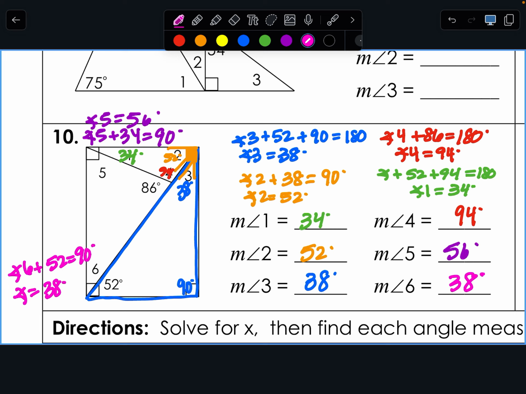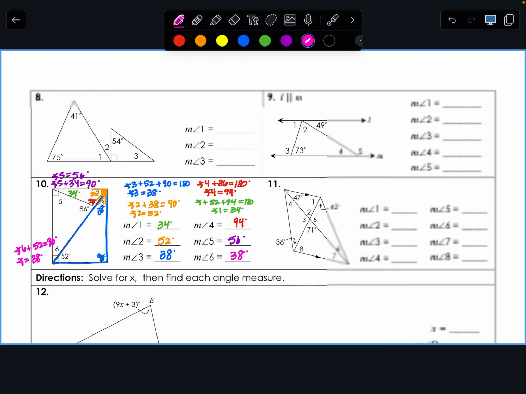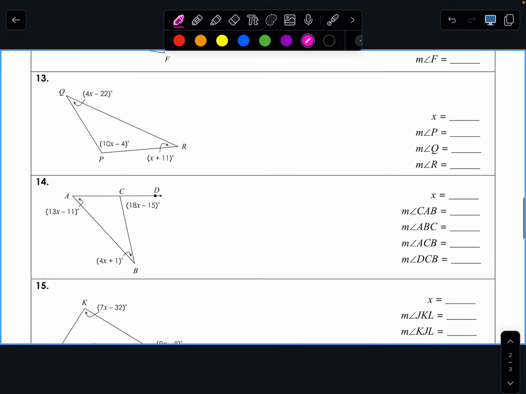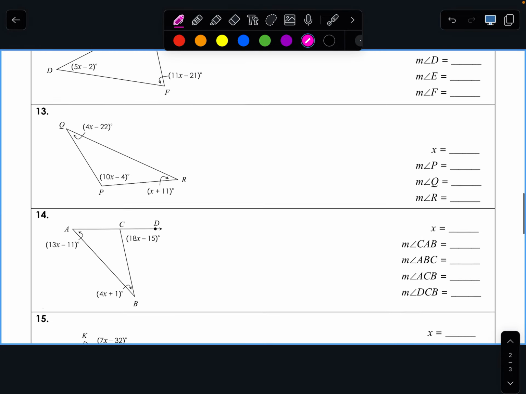It's about finding a place to start, like which has the most information, and then what can I go from there. All right, let me do these with algebra.